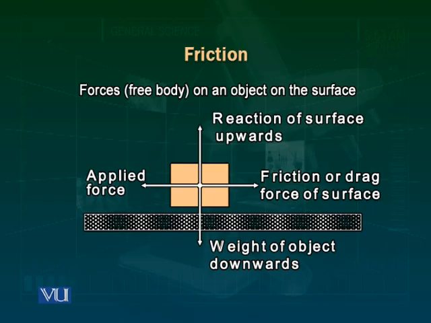However, for friction, if I apply a force and this object does not move, in other words, I push a wall, I can apply a very large amount of force. However, the wall refuses to budge because the frictional force is greater than the force I'm applying.